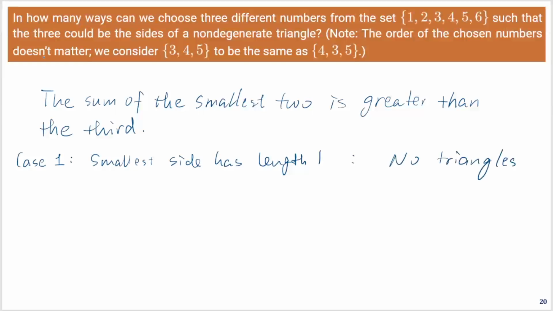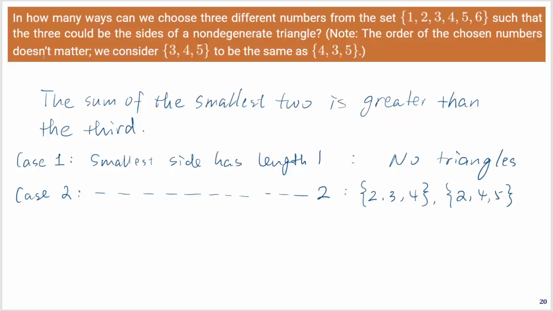You get it? So the second case is that the smallest side has length 2. In that case, the other two sides must be 1 apart. So we could have 2, 3, 4 as a possible set, and 2, 4, 5 is another possible set, and 2, 5, 6 is another possible set, right?